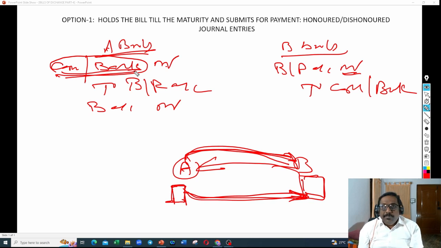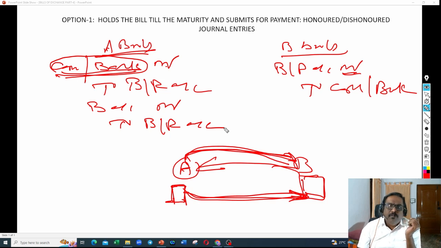Then you have to debit B. Why do you have to debit B? B will become a debtor for him. So debtor is an asset. So B account debit. The bill is going out of him, so bills receivable account. That bill is expired now. Due date has come, maturity has come, and the bill has been given to him, but B did not make the payment. So B account debit.